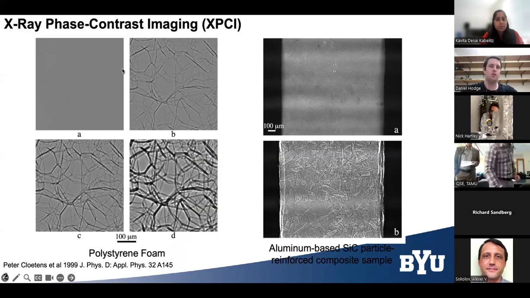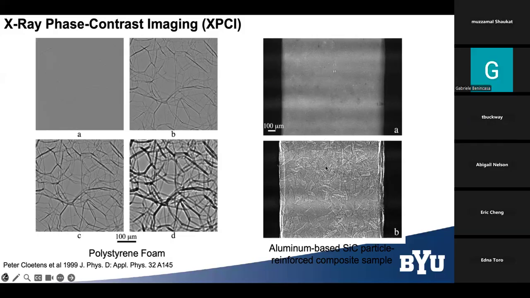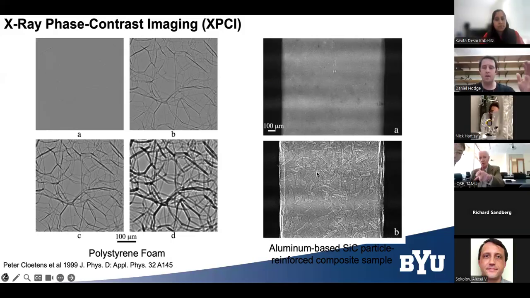But as they increase the propagation distance, or alluding to the previous slide, going further down to the bottom of the pool, going from B to C to D, the structures are much easier to see. Similarly, with the aluminum-based silicon carbide particle reinforced composite sample here, you can't see any structures if you're using radiography or this absorption contrast technique. But as you increase the propagation distance from the sample to detector, a lot more features are able to be seen.